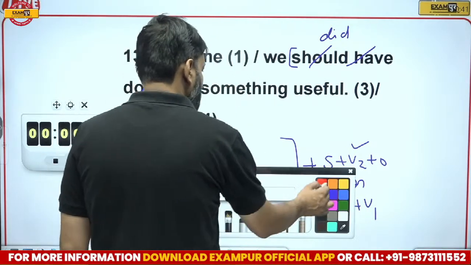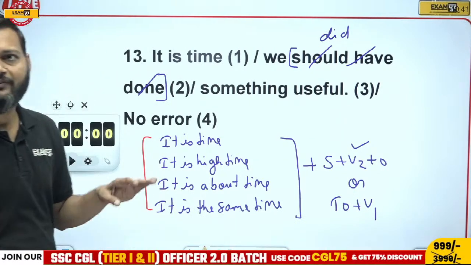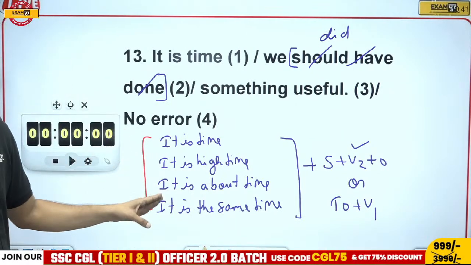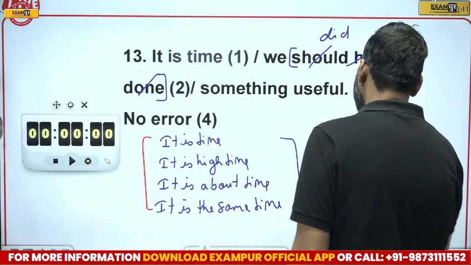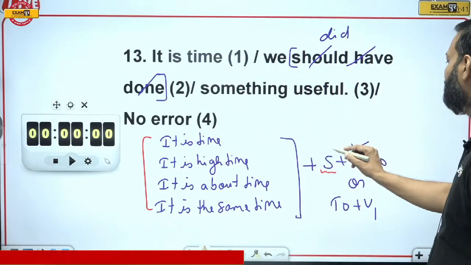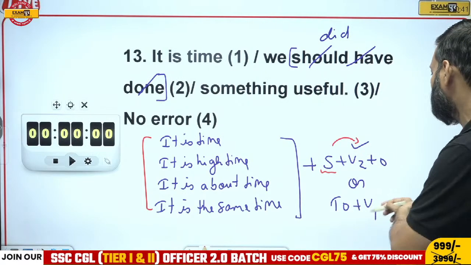So if a sentence starts with these phrases and the subject is given, we have to use the second form, and if the subject is missing, we need to use to plus V1.